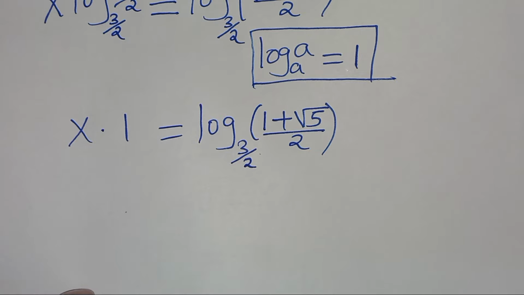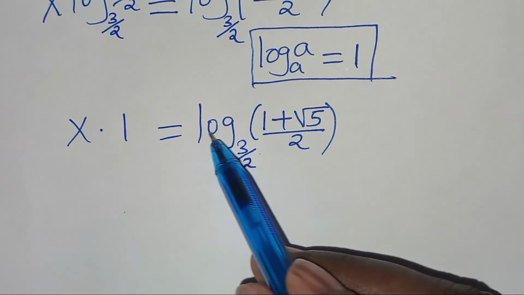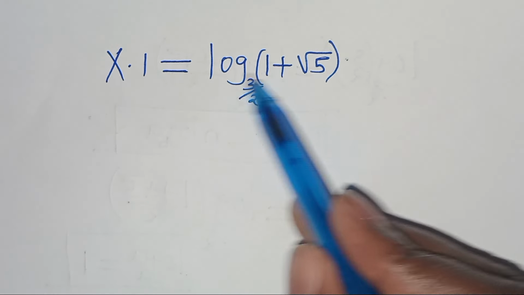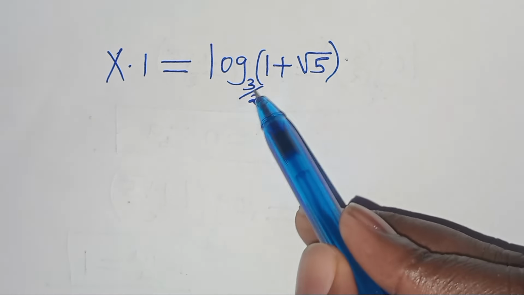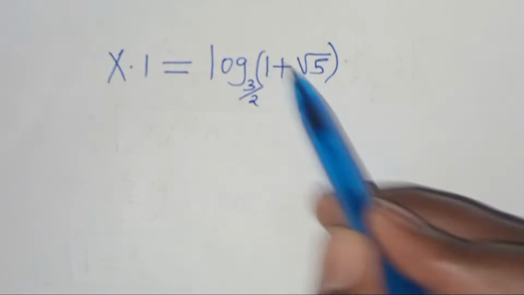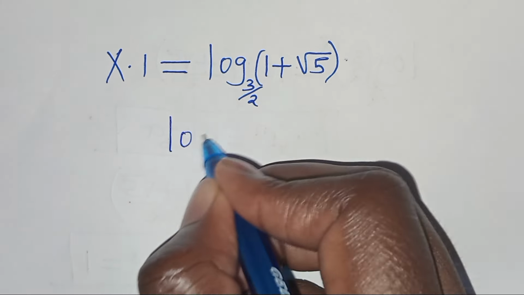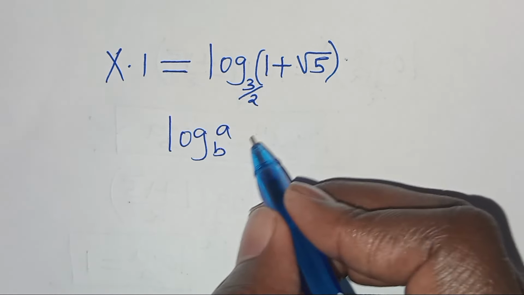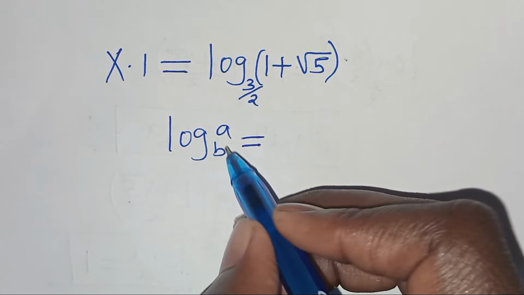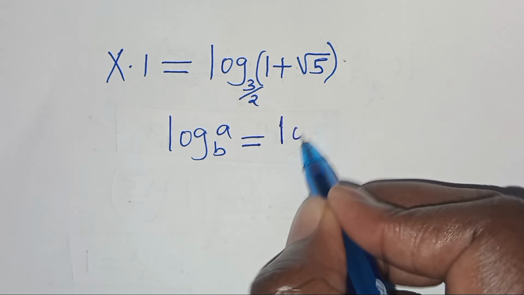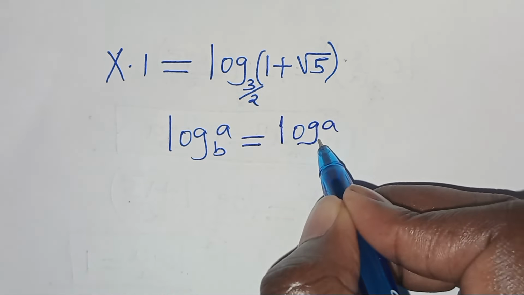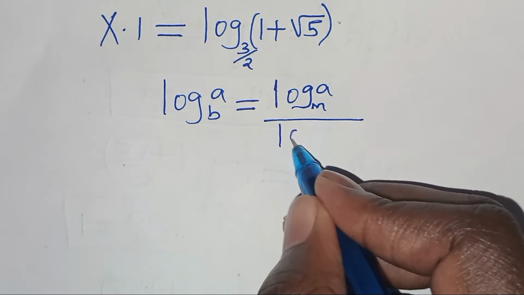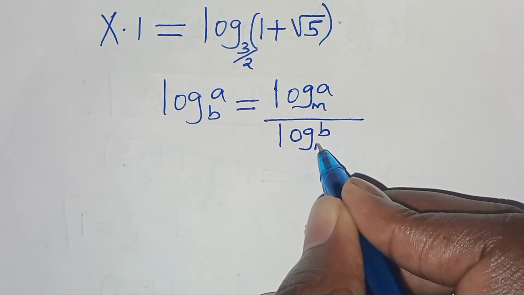So the next step from here, we have that x is equal to log of 1 plus square root of 5 over 2 under base 3 over 2. Now this is actually in the form of log a to base b, and this can be expressed as log a under base m divided by log b to base m.